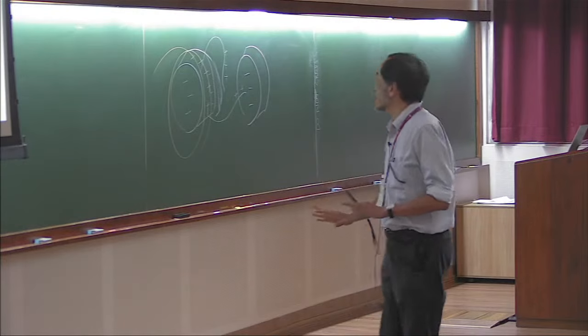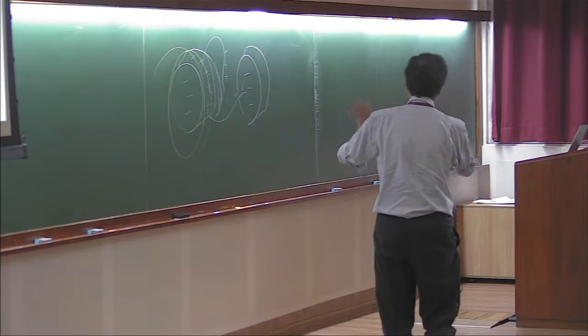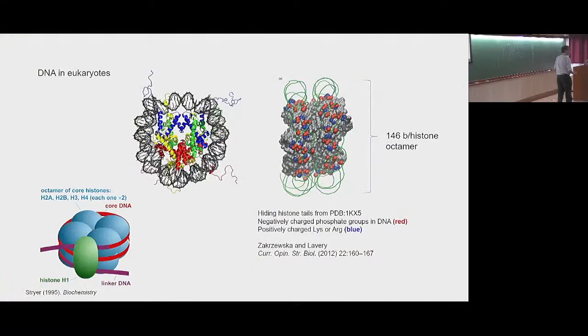But this is configuration dependent. This is not a simple two-body attractive force like Coulomb interaction, but it depends on the configuration or some stochastic environmental conditions. Anyway, this is a structural unit of chromatin.